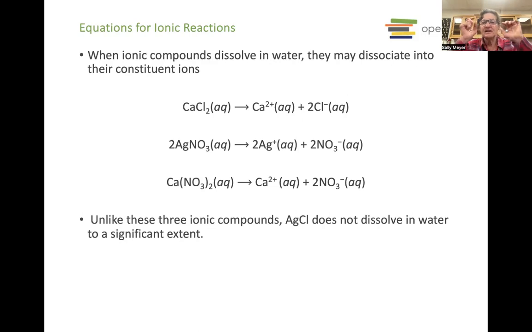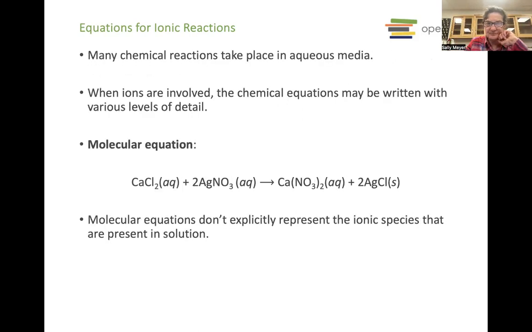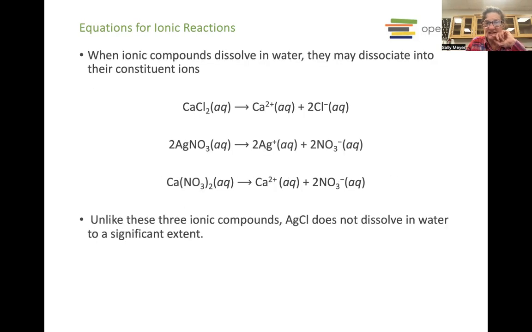So when you say calcium chloride in this reaction and you say it's aqueous, that means the ions have been pulled apart and you have Ca2+ cations and Cl- anions. And in order to get that balanced, you need 2 of those -1 anions. So when you break apart calcium chloride, you get Ca2+ and 2 Cl- anions.